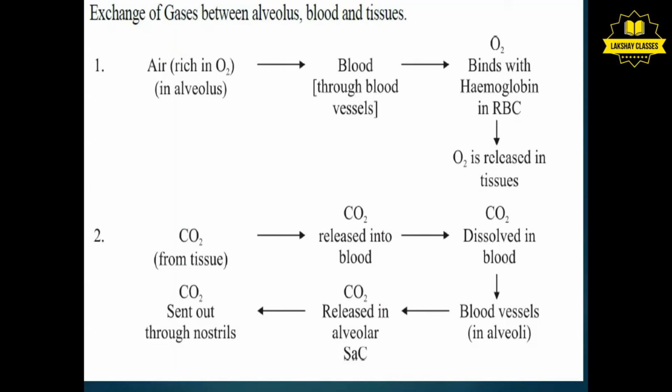So this is the pathway of exchange of oxygen and carbon dioxide, and we already know that exchange takes place from higher concentration to lower concentration. The air coming from outside is rich in oxygen, and the cells have less oxygen, so oxygen from the alveoli will come to the blood.